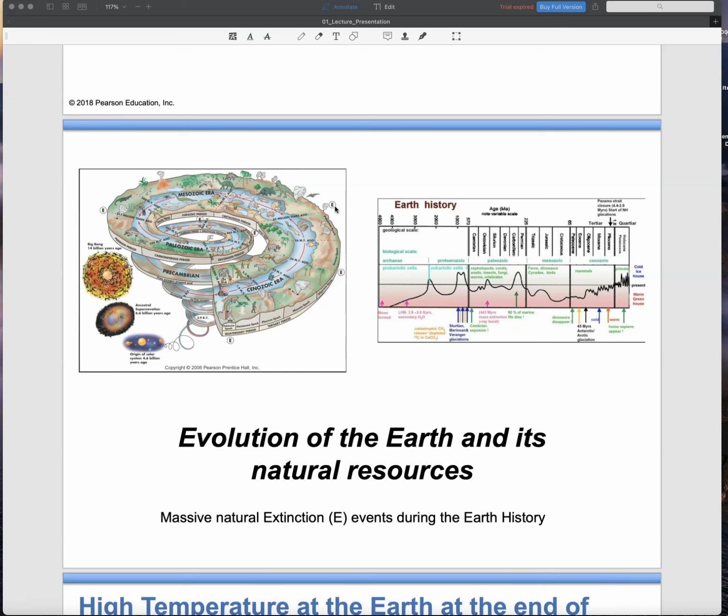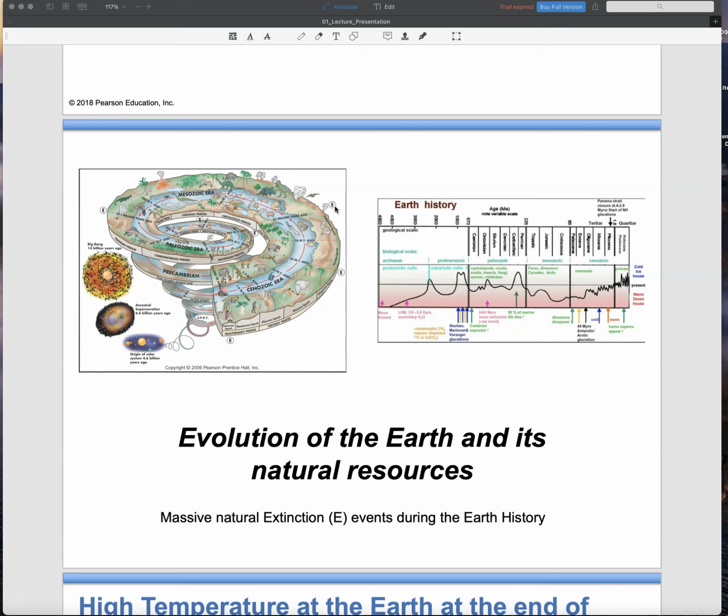Probably in some other chapter, I'm going to detail a little bit more why, or what is the theory behind the massive death of the dinosaurs in those days.